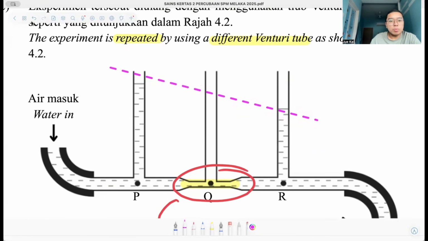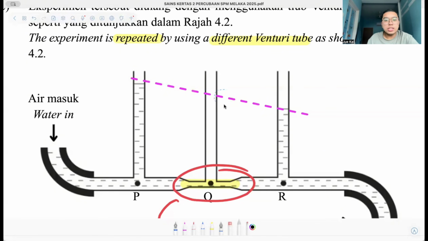Wait, wrong. Supposed to be like this. You must draw a line like this. Something like this.